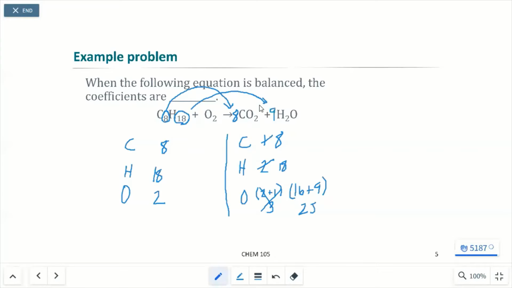Okay, not bad. We've solved everything except for oxygen. The only problem we have now is, to get oxygen to 25, I have to use a number that is not a whole number.